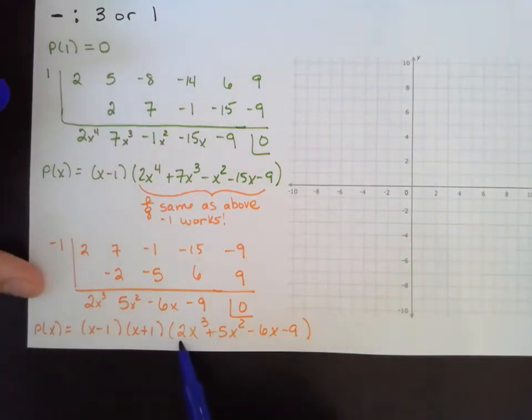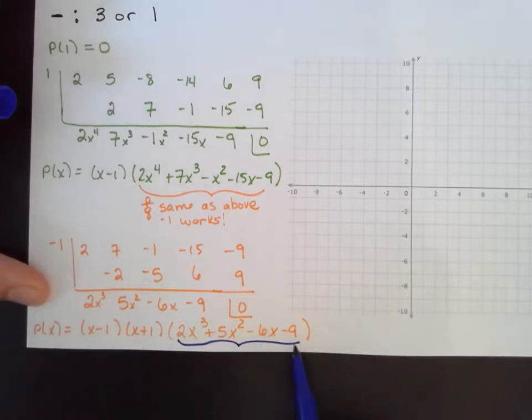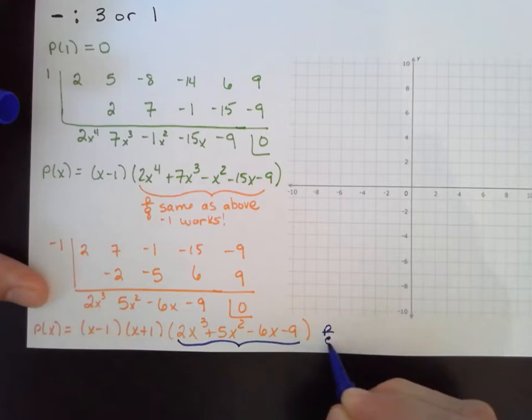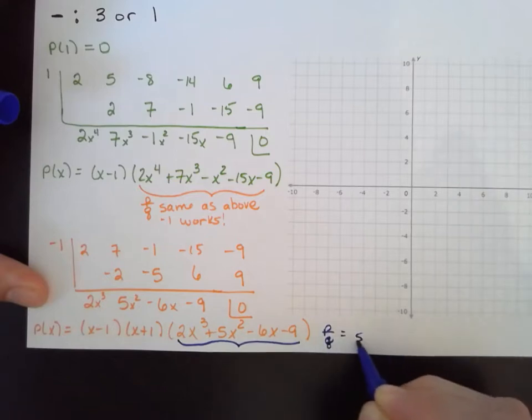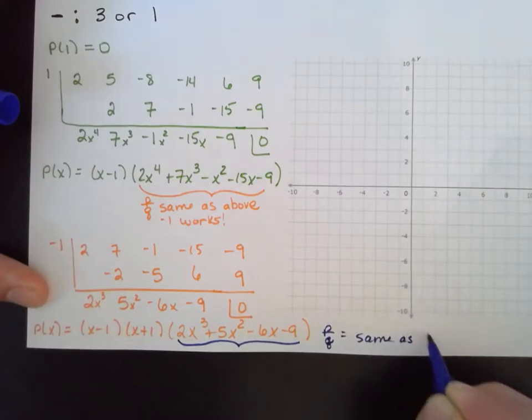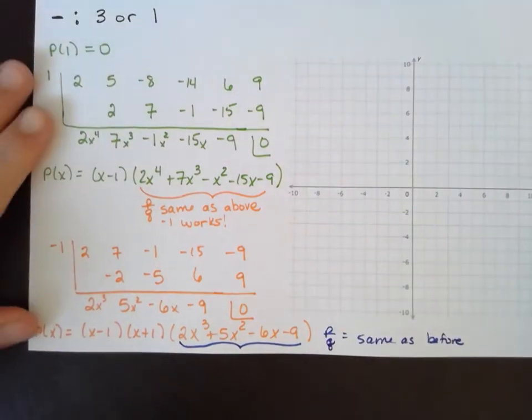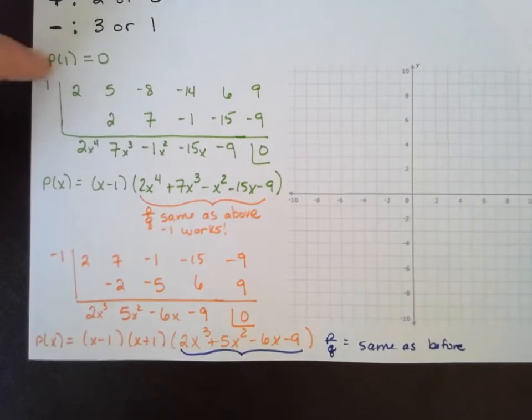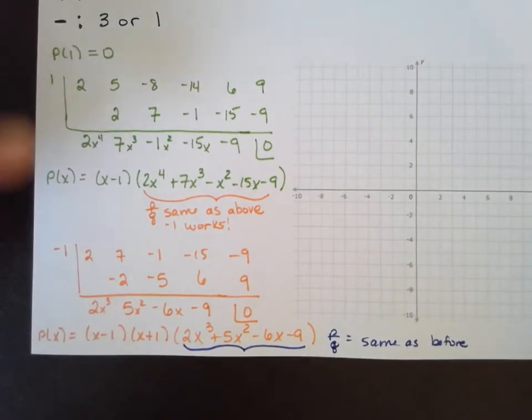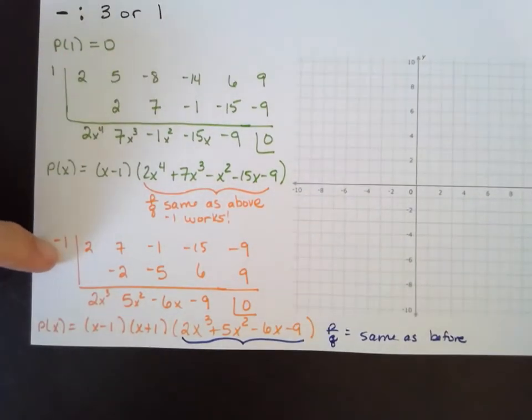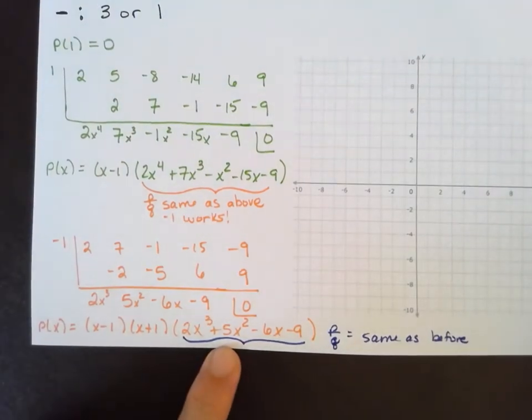If you look at this, aren't the p's and q's the same? So p over q is still the same as before. So we already tested 1 and we tested it again. It didn't work the second time. We tested -1 and it worked, but -1 might actually work for this one.